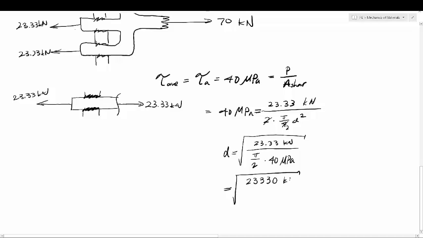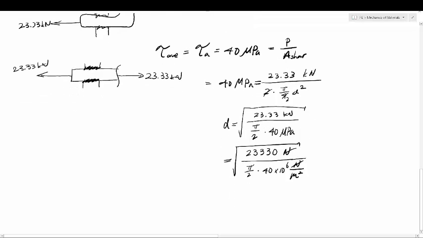So this will be 23,330 newtons, divided by pi over 2 times 40 times 10 to the 6 pascals, or newtons per meter squared. Again, the newtons cancel out, and this meter squared unit comes to the numerator, and we take the square root of it, it'll turn into meters.